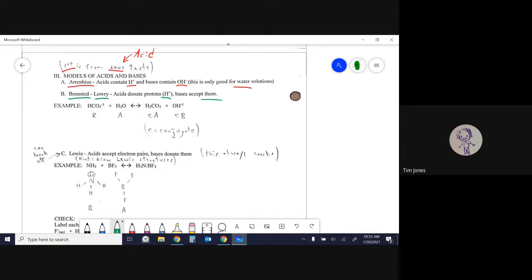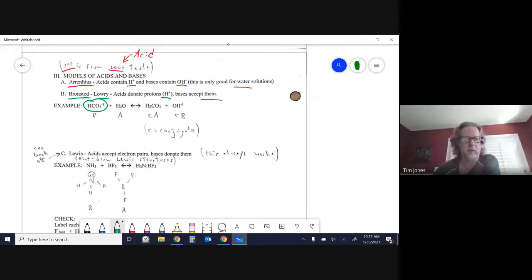Their version of acid was pretty much the same as Arrhenius, but bases, they took a different approach. If we look at this example, bicarbonate, hydrogen carbonate, if you want to call it that, and water, these two things can both be an acid or a base, depending on what they're in.